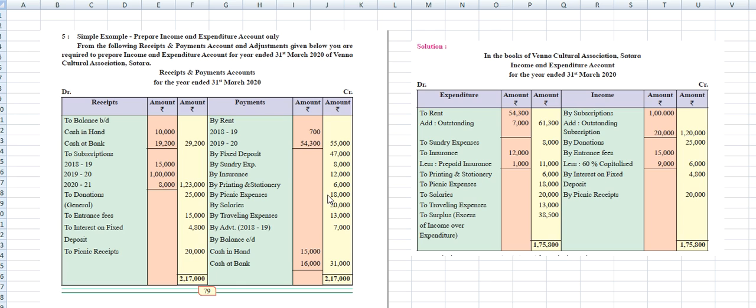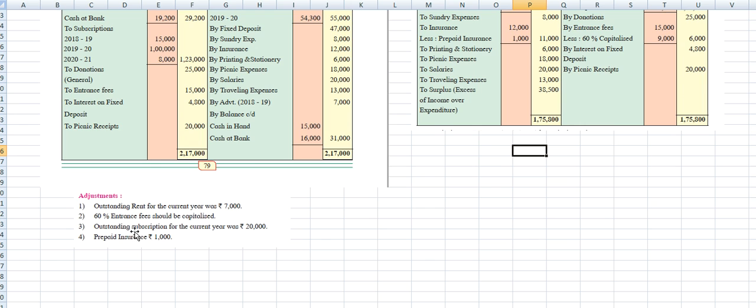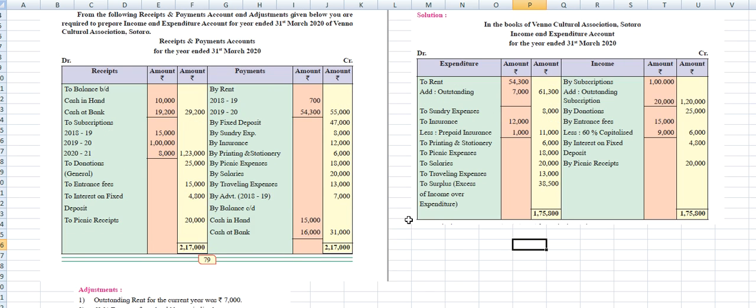There is an adjustment for outstanding rent for the current year, 7,000 rupees. We add the outstanding rent to the rent amount, so it becomes 61,300 rupees.